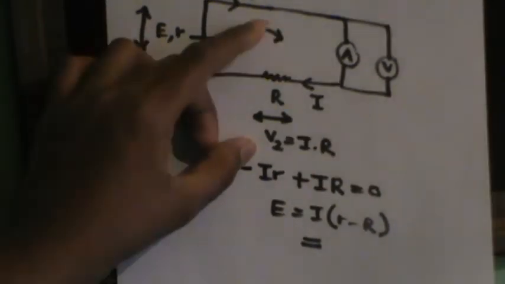If you take this direction instead, say this is the loop ABCD, and you go in the direction of ABCDA, then you have to subtract IR, and you have to add E, so E minus IR is 0.